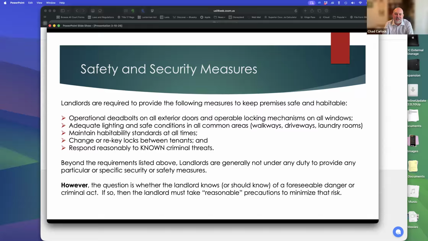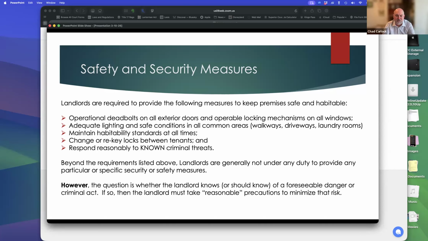Once you start providing safety measures, it's important that you provide disclaimers with that, that a safety measure you're providing is assistance, but it's not a guarantee of safety. So, as I said, the question is whether or not a specific danger is foreseeable, or a criminal act is.